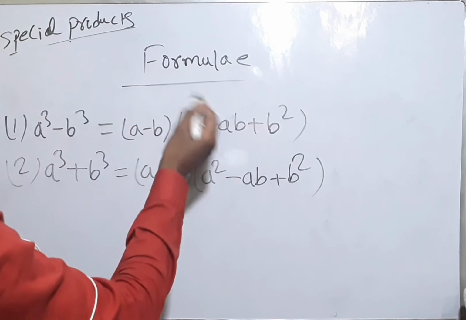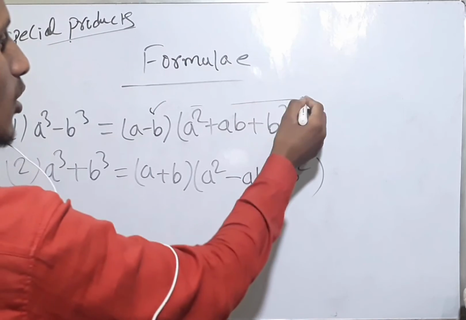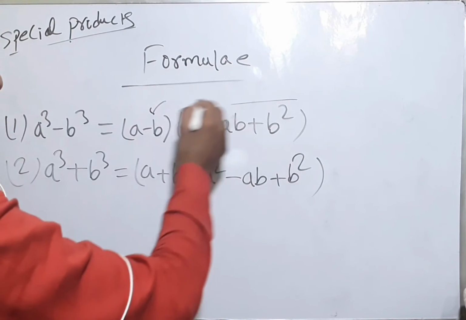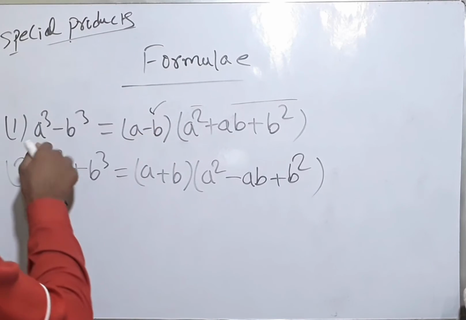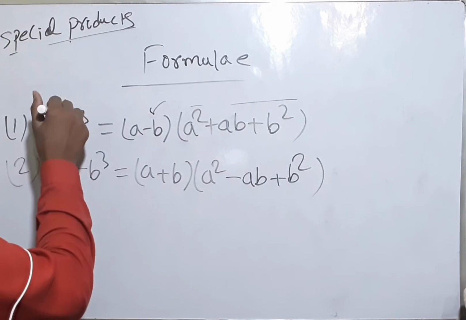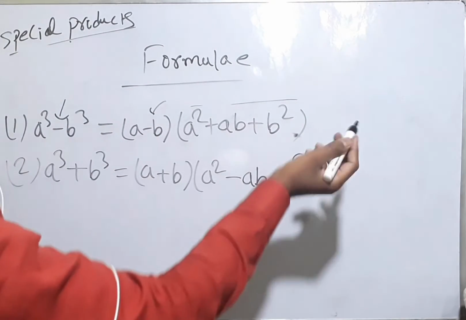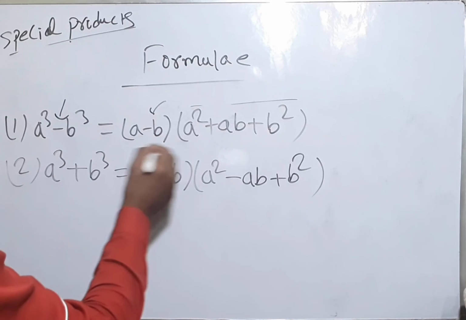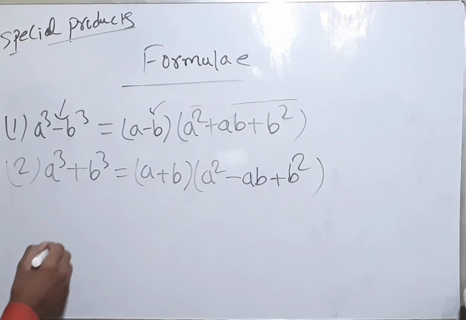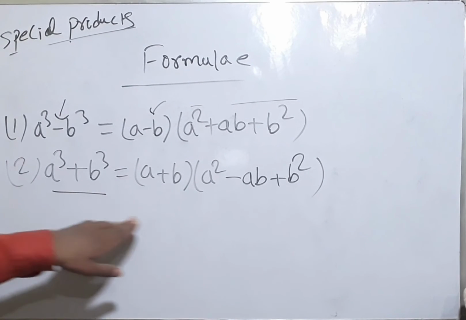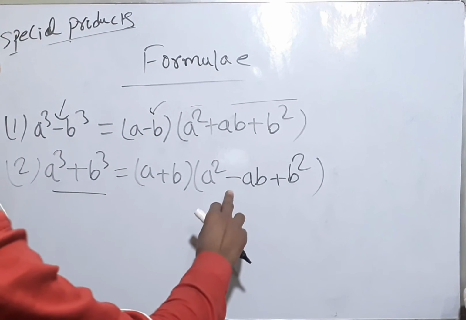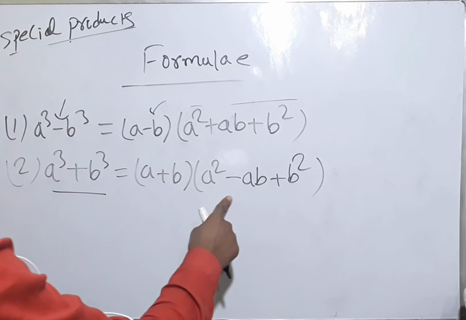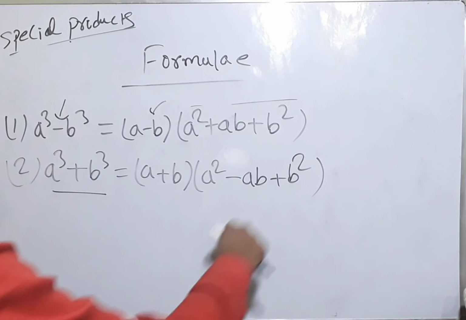When you have minus, all the terms are plus except the first one. When you have plus, the first factor is plus, but at one place you have minus, and then the rest is plus.